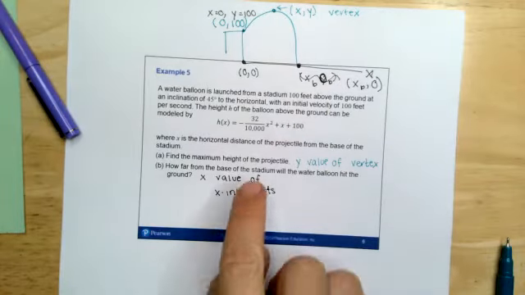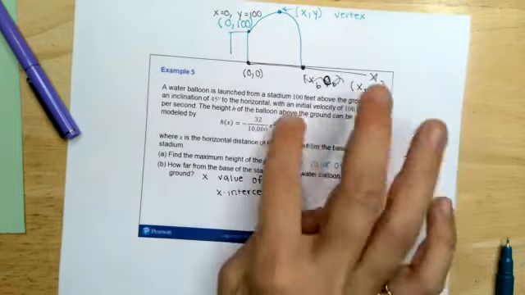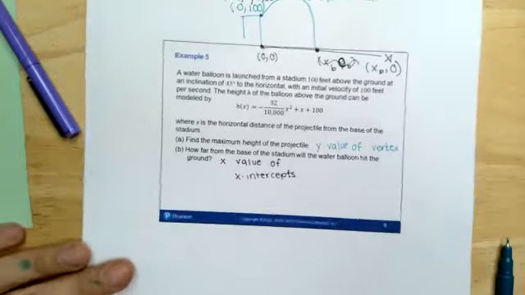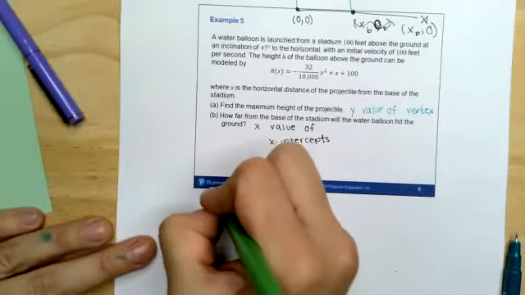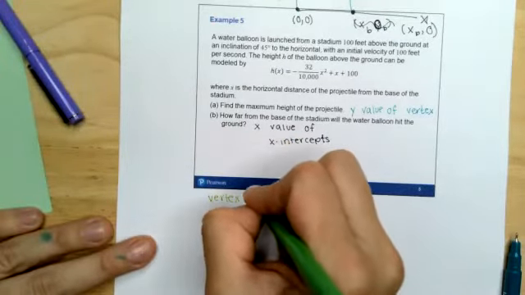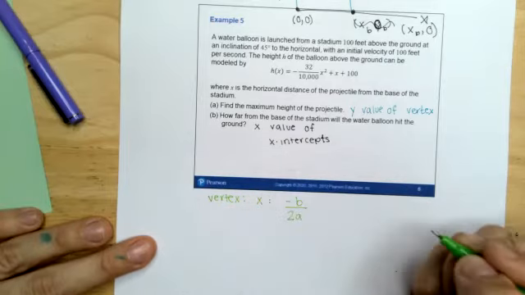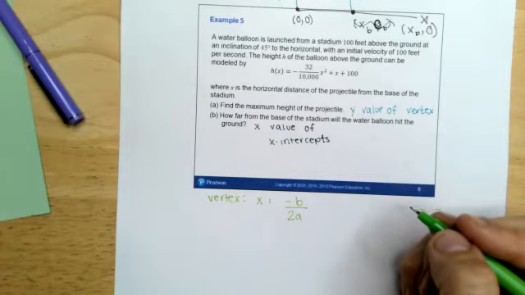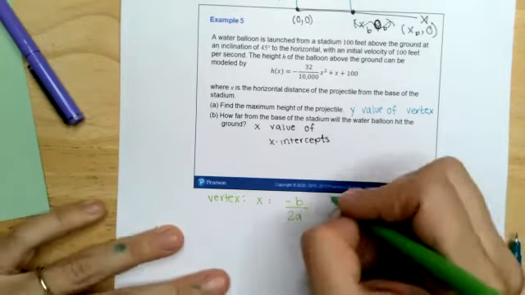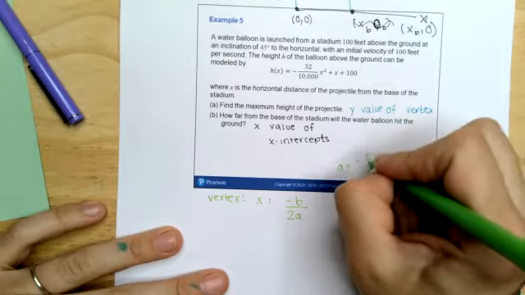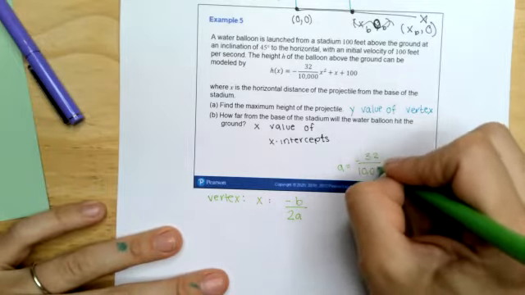So the maximum height of the projectile, we know this equation and we just need to find the vertex. What's the formula for finding the x value of the vertex? Negative b over 2a, right? In this case, a is negative 32 over 10,000.